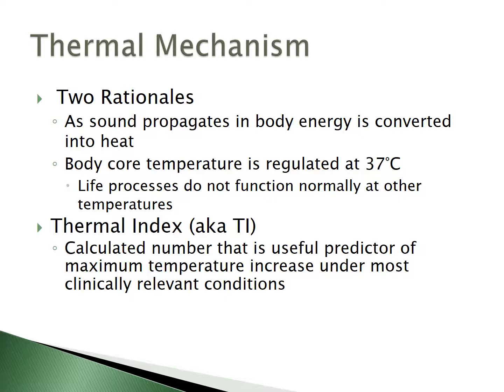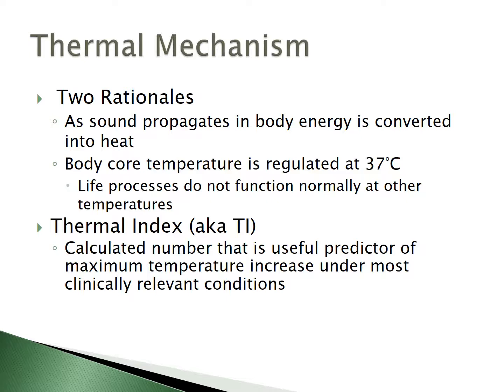If we alter that, go too low, or start increasing that, life processes aren't going to function the same way as they should at that normal temperature. So amino acids start to unwind, tissue damage starts to happen when we get too hot. So we know that there is a reason that we're at 37 degrees Celsius, and that is what the body should try to stay at.